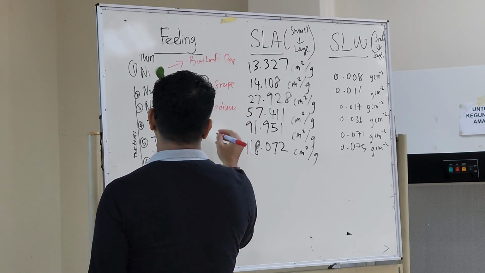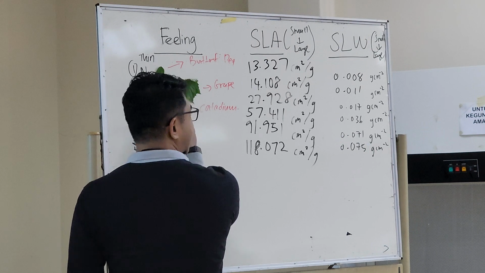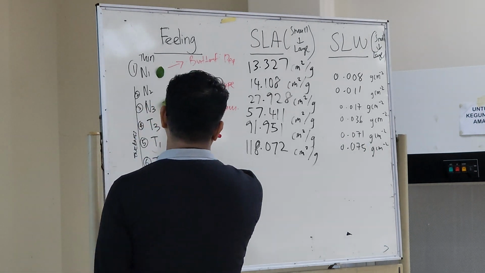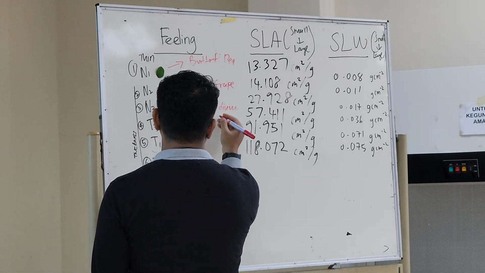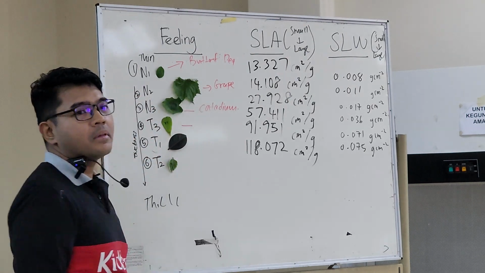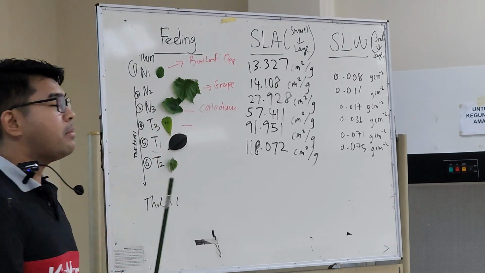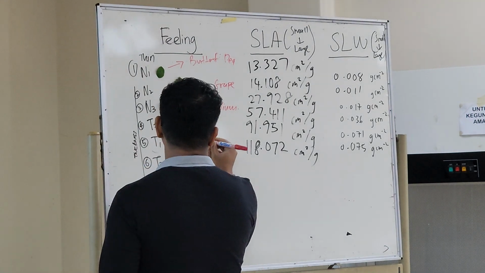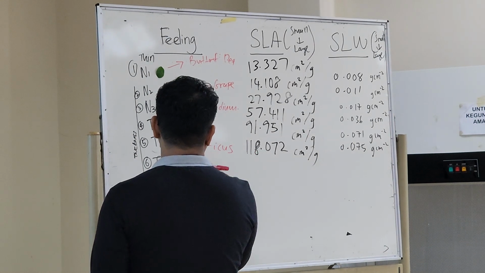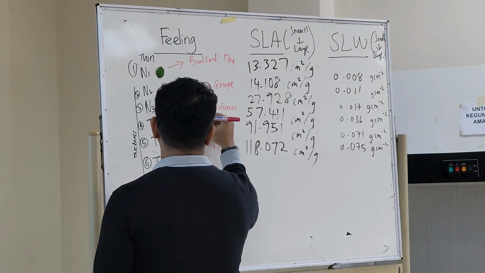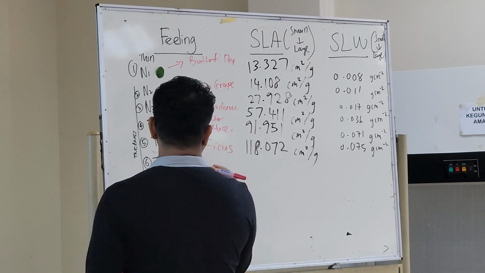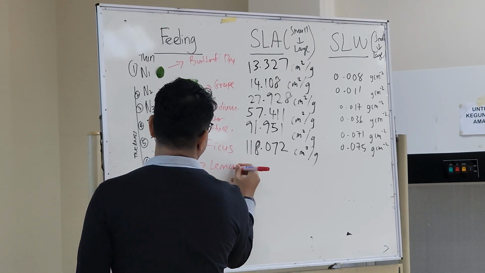This is ficus. This is water lettuce. This is lemon balm.